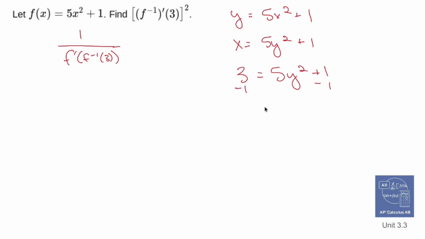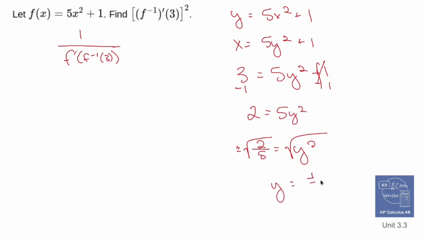Subtract 1 gives you 2. 2 equals 5y squared. Divide by 5, so 2/5, and then take the square root. This is not pleasant at all, but one of my possible options is positive root 2 over 5.